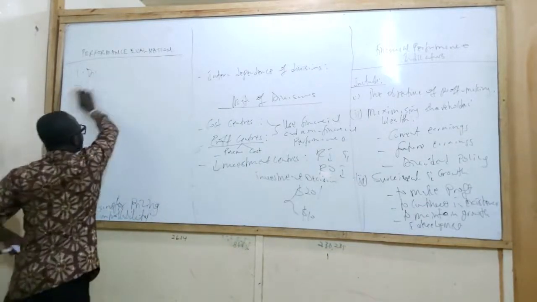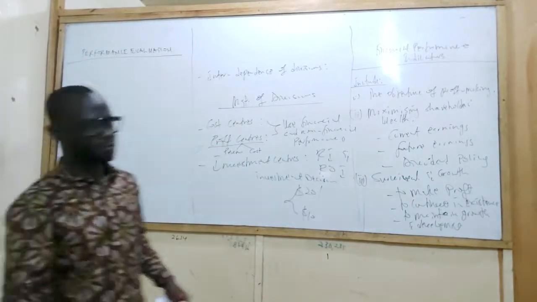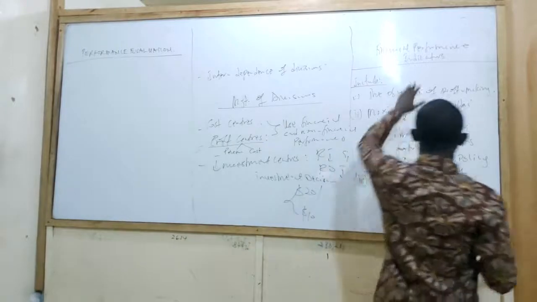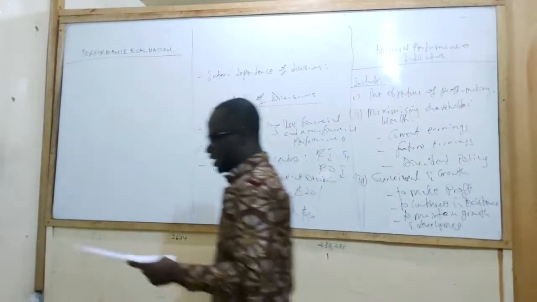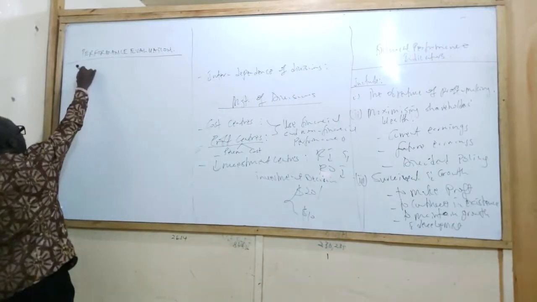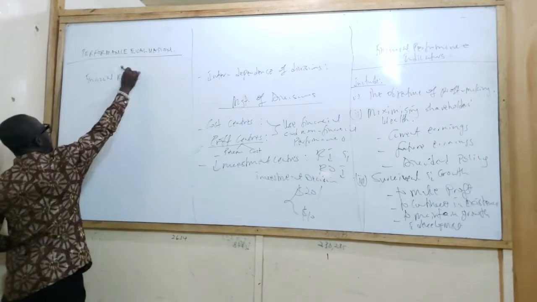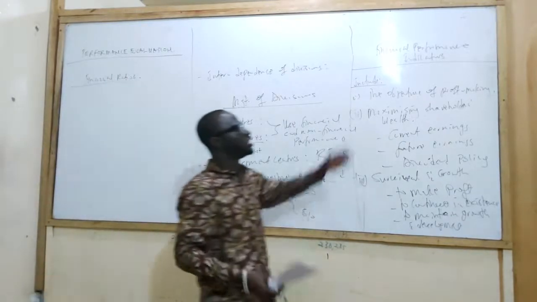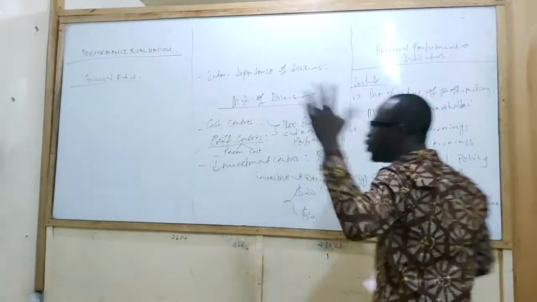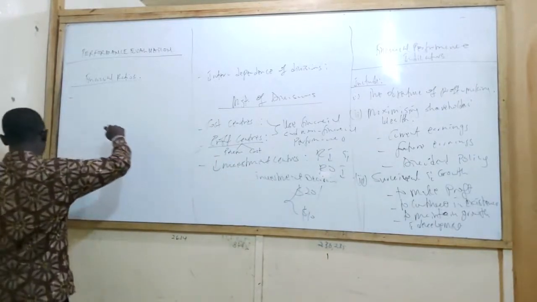But let's look at the things that you are going to be looking at. We can look at this in detail by looking at the various financial ratios that are used in order to assess these performance indicators. And you know this already from your financial reporting class. Thank God you all did financial reporting.